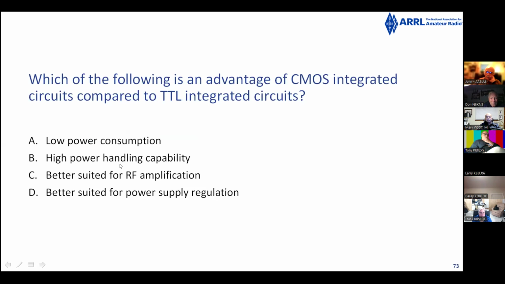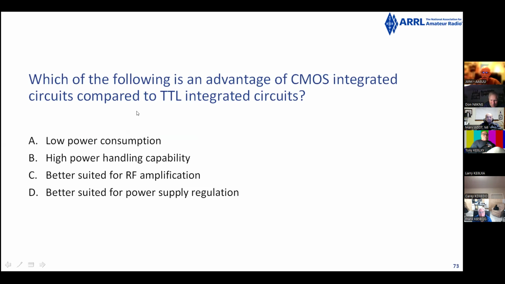And if you remember, CMOS, although it's used for a lot of things, is primarily used in digital logic. That would kind of throw out power supplies and RF amplification. I don't remember what those high power CMOS are called.